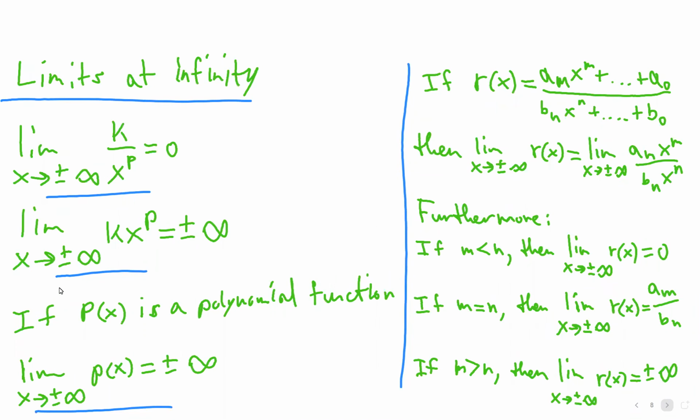We can also talk a little bit about what happens at infinity for certain functions. So let's say that we had some constant over a power function, or x to some p. Then if we take x going to either positive or negative infinity, then the value of that function will approach 0.